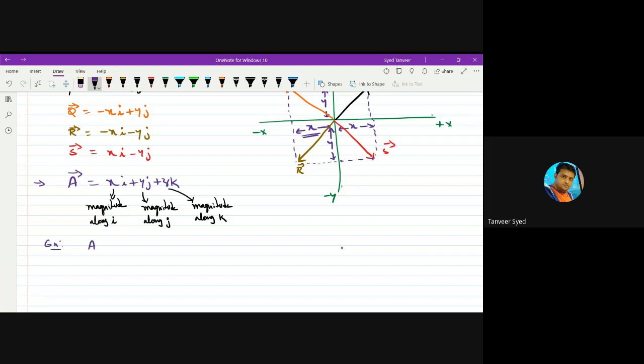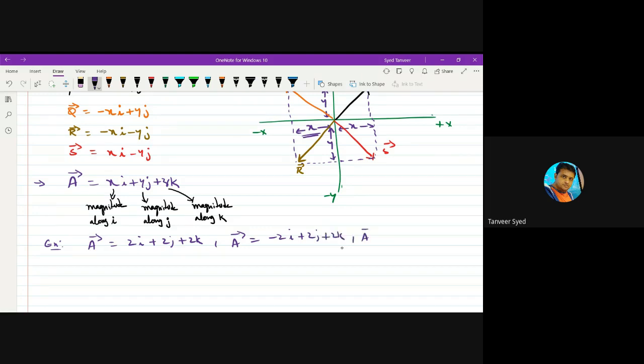Suppose vector A is like this, 2i plus 2j plus 2k. So 2 units along x direction, 2 units along y direction, 2 units along z direction. Or vector A can be minus 2i plus 2j plus 2k.